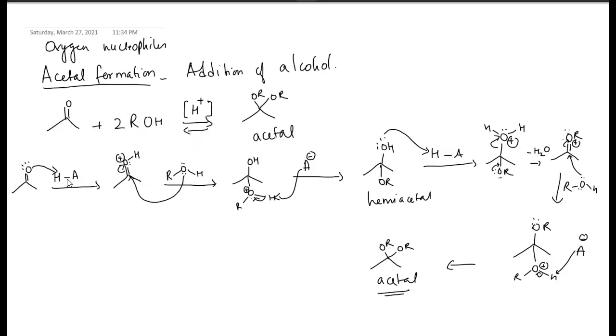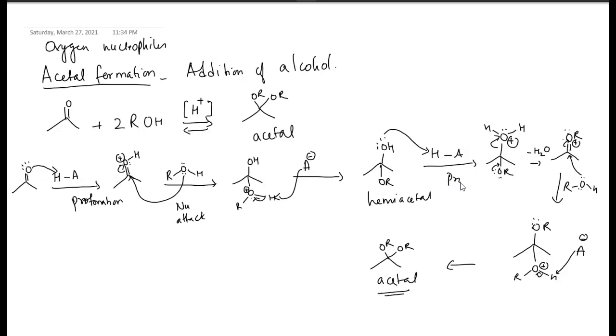Okay, so the first step is protonation. Next step, so we can write it here, protonation, first step. Next step is attack of the nucleophile, so nucleophilic attack. Then a base removes the proton here so that we get a neutral hemiacetal. The next few steps are kind of a repetition of what we saw before.